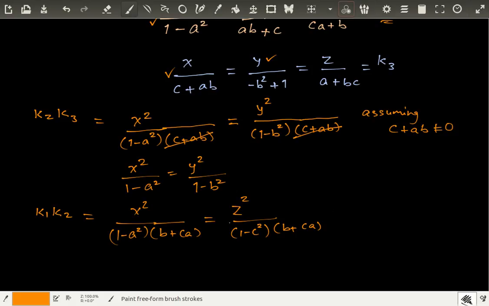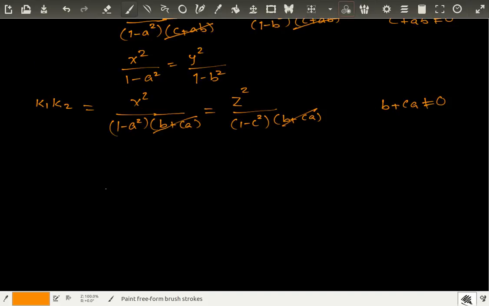So again we can cancel b plus ca, assuming that b plus ca is not equal to 0, we get x square over 1 minus a square is equal to y square by 1 minus b square is equal to z square over 1 minus c square, and we are done.